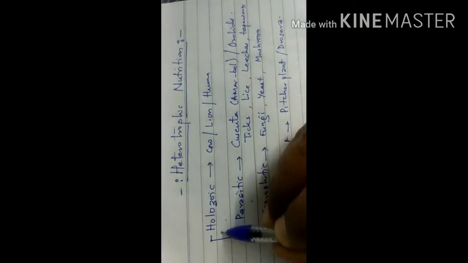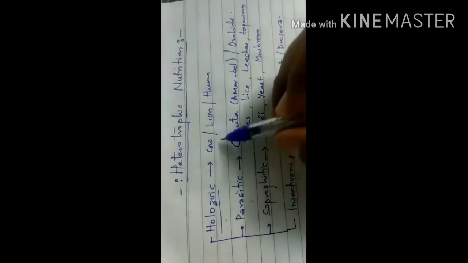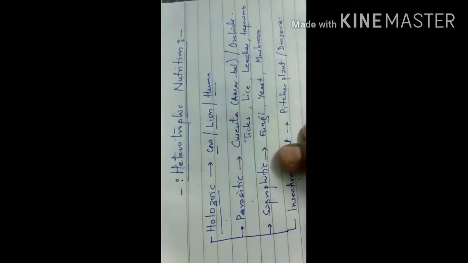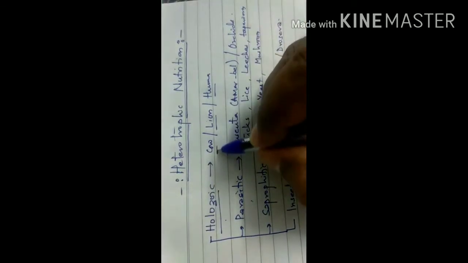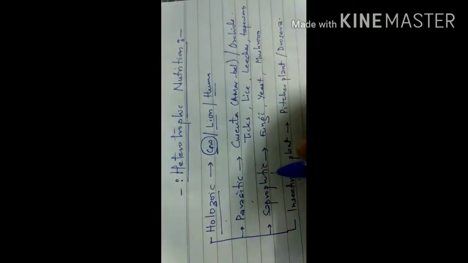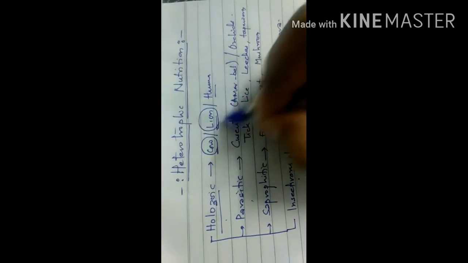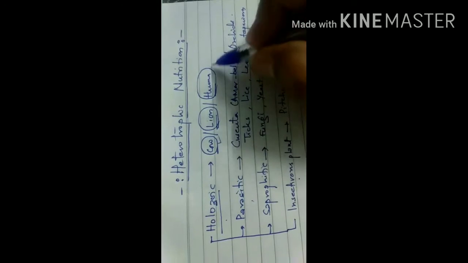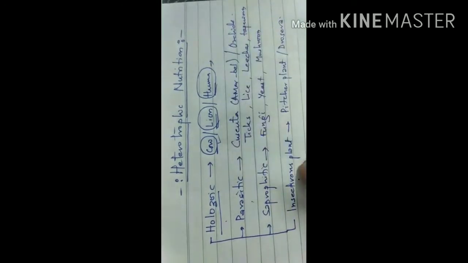In case of holozoic nutrition, holozoic means food is taken as it is, either the food is moving or static. A cow eats grass. A lion eats deer. In case of human beings, we also eat cow products, and we also eat egg and meat.